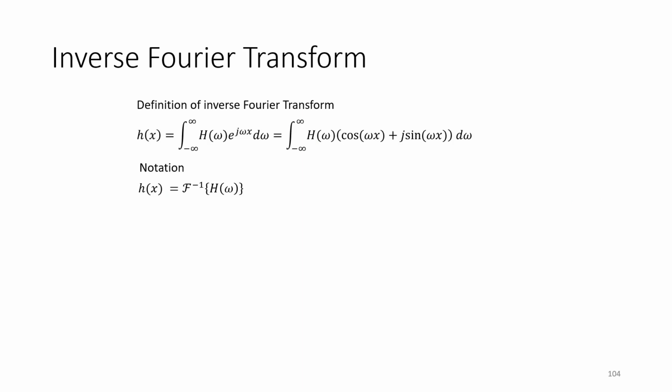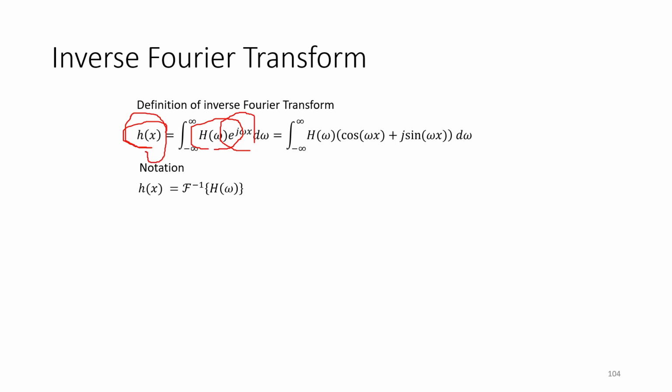And this is the notation for the equation of the fast Fourier transform. Here, H is the image in the complex domain, and we apply this and back. Let me mention: because H of omega is a complex function, and we apply the integral to the complex function, the result h of x is usually also a complex function.